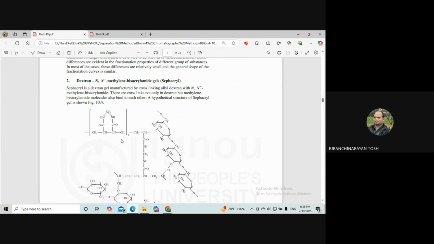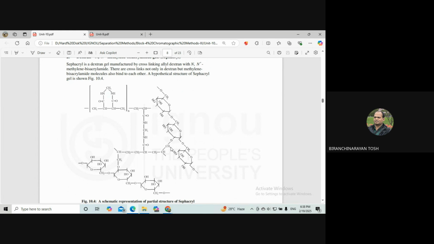So Sephacryl is a dextran gel manufactured by cross-linking allyl dextran with N,N'-methylene bisacrylamide. There are cross-links not only in dextran, but methylene bisacrylamide molecules also bind to each other. This part is the dextran part, then this is also dextran, but here the acrylamide.